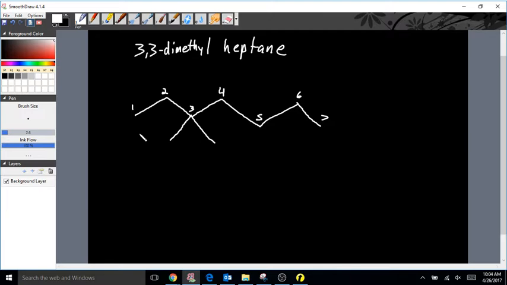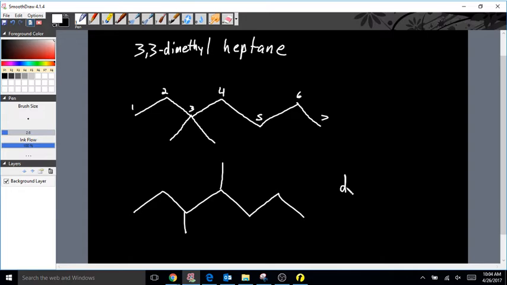So 3,3-dimethyl heptane. The reason why we put 3,3 is if I had a molecule that was like, if I have that instead, this is still a dimethyl heptane because I have a methyl group here and a methyl group here.